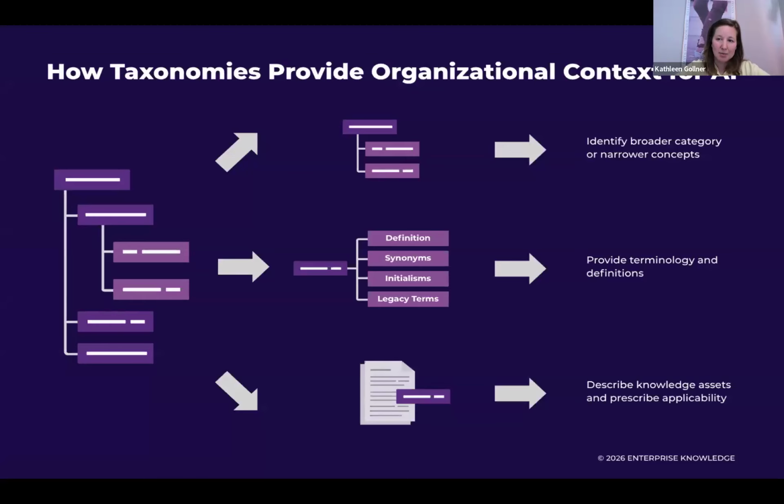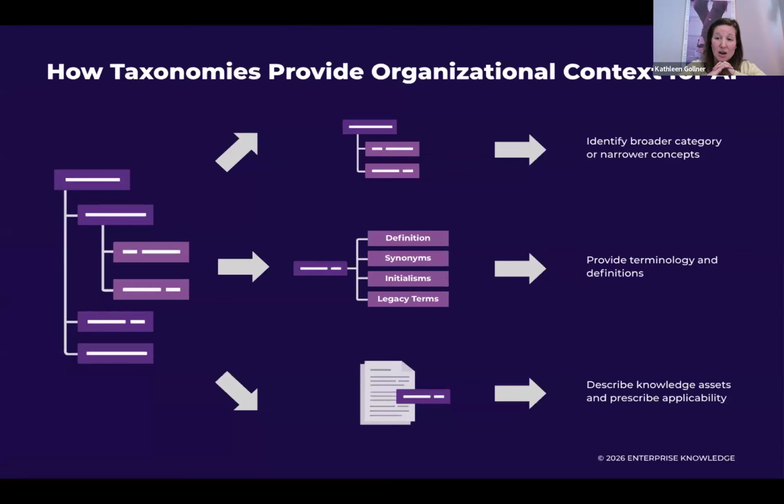So with respect to taxonomies, when we talk about a taxonomy, we're really talking about the concepts we have in the organization, putting them into sets or facets, essentially individual taxonomies of related concepts, and then identifying how they are related to each other through hierarchies, so parent-child or broader, narrower relationships, and then also building out additional information around those concepts, so definitions, synonyms, initialisms, legacy terms.